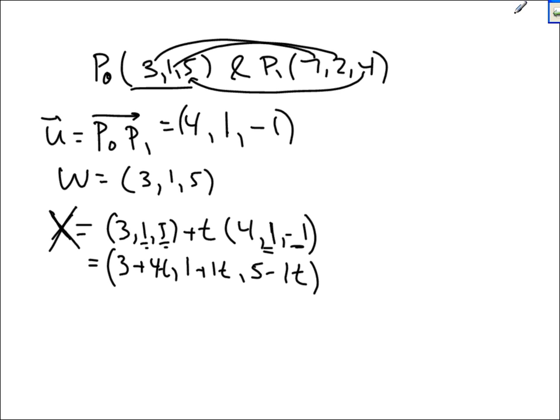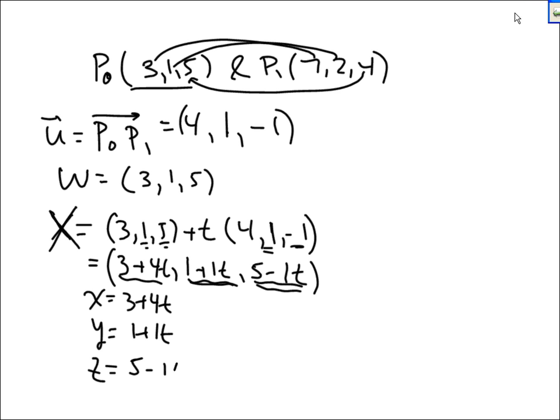Okay, well, that really helps, because in parametric, I just underlined the 3 answers. In parametric, you have to say what x, y, and z are. Well, x is 3 plus 4t, y is 1 plus 1t, and z is 5 minus 1t. That's in parametric form.